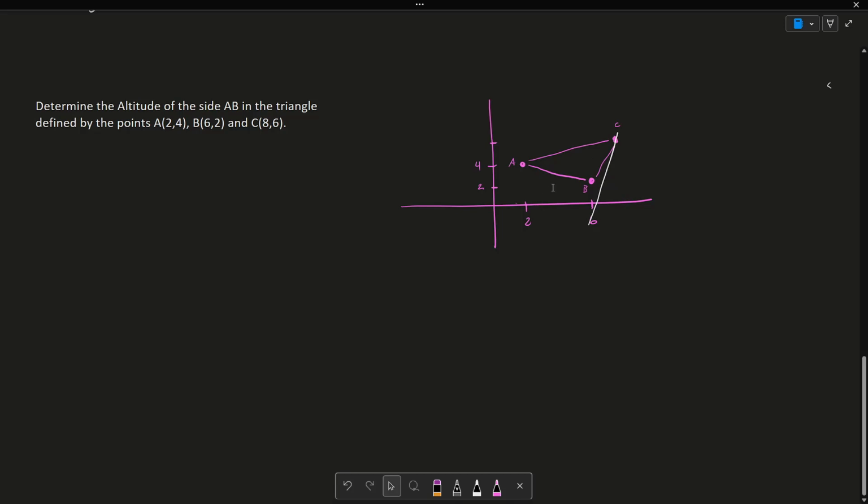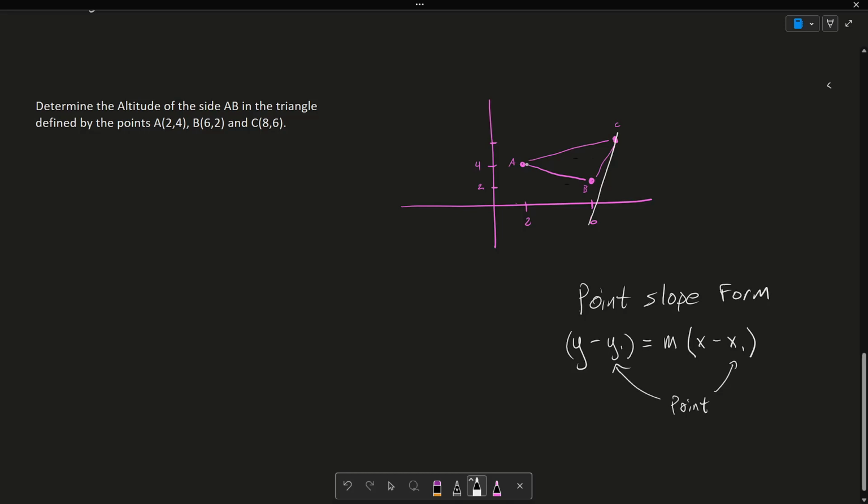So how am I going to do that? We're going to again use the point-slope form of the line, which is y minus y1 equals m times x minus x1, where m is the slope of the line we need, and (x1, y1) is a point on the line. Which point is on this white line?